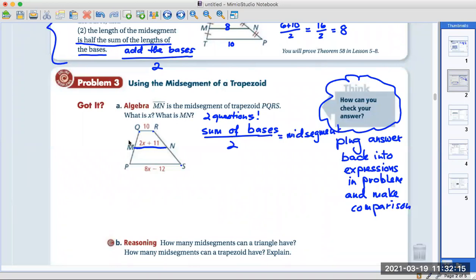So the bases are the ones that hold the shape together, the top and bottom, if it's sitting the right way. These are the bases. This is your midsegment. So the sum of the bases, I'll start with the 10 plus, the order doesn't matter how you do it, x minus 12, divided by 2 is equal to the midsegment.